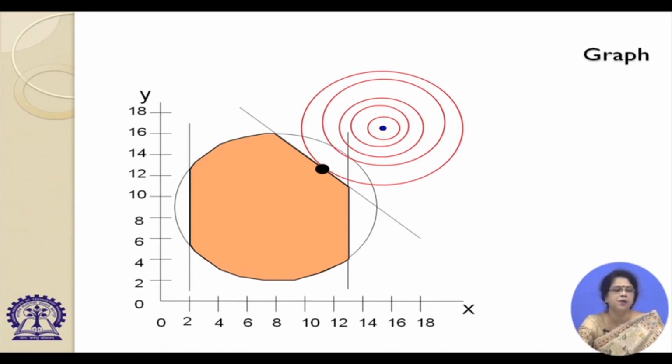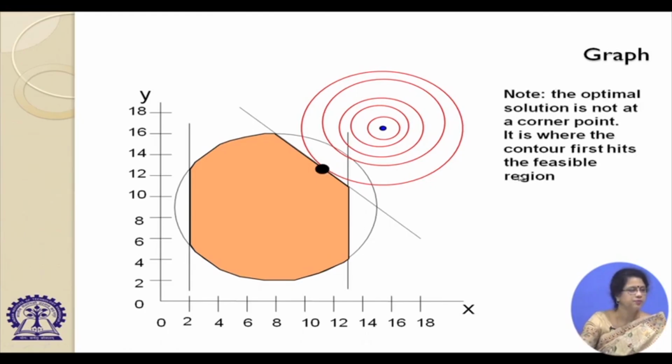Then if I want to find the minimization of the objective function, where will I get it? Once it reaches this point, we get the optimal solution, because the objective function can go further and further, and at the minimum point I will get this one. That is why we can declare that is the minimum optimal solution for this objective function.